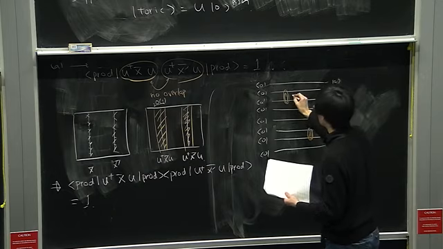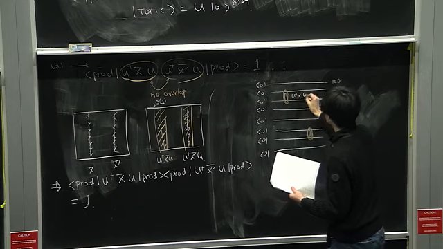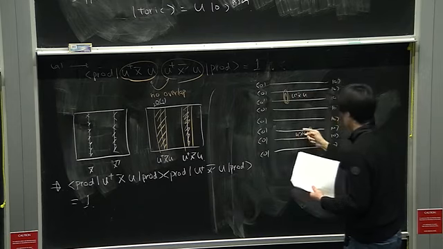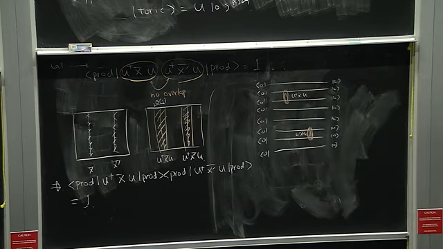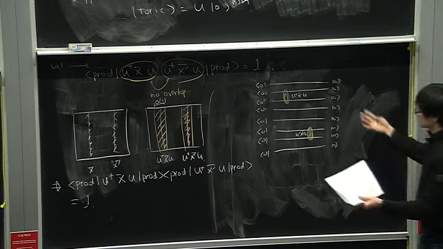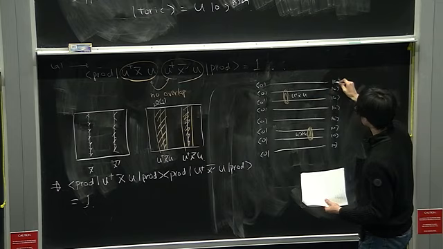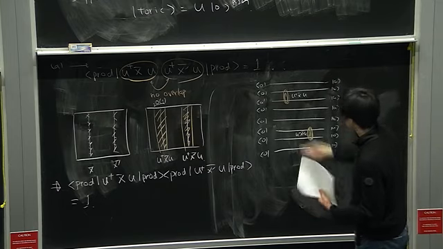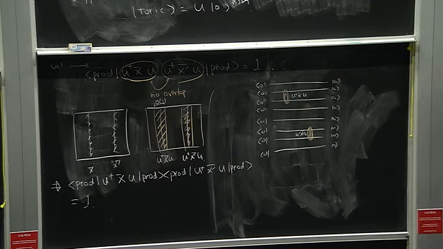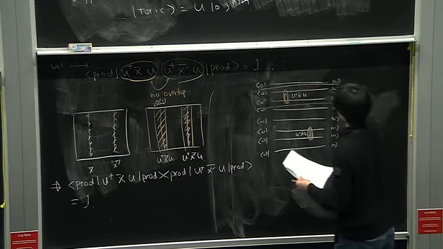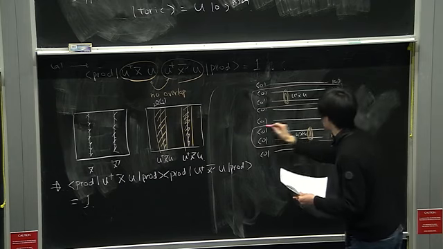So the point is that they have no overlap with each other. Then if you look at this, this part doesn't matter, right? Because this is 0 and 0, 0 and 0. So what matters here is this part times this part.